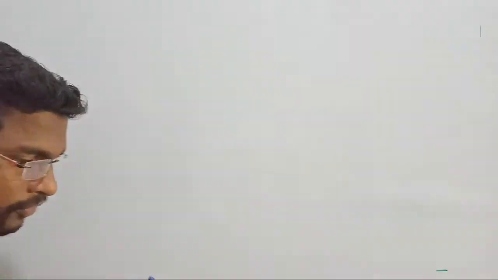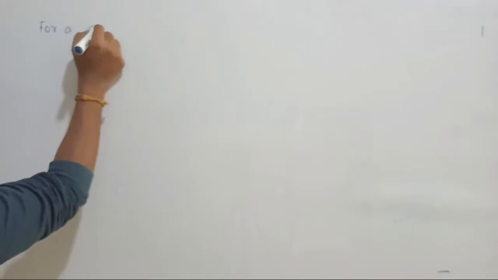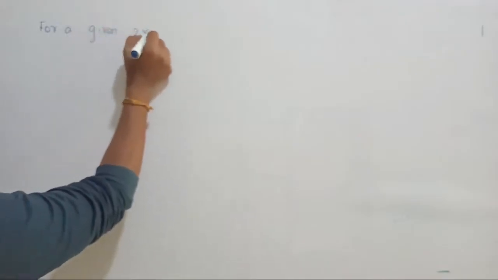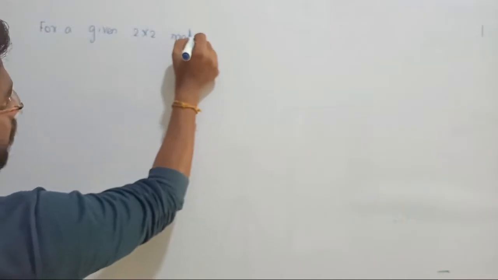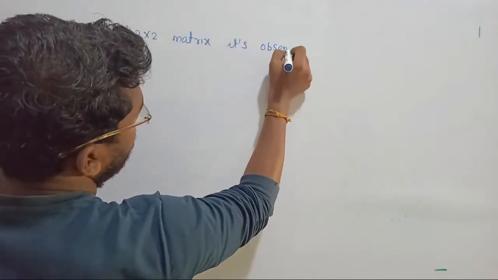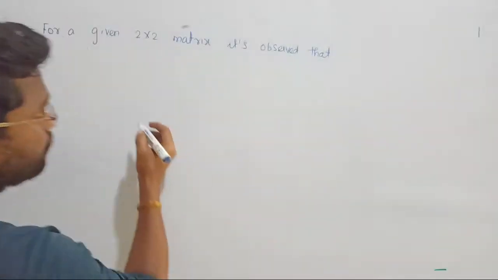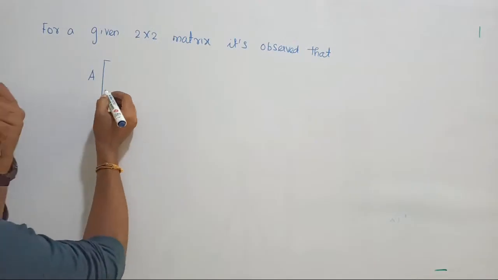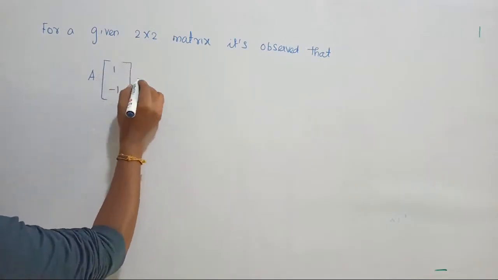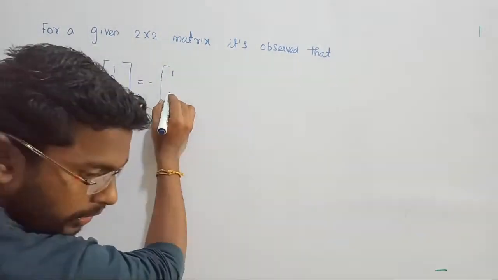In the third question, they said for a given 2 cross 2 matrix, it is observed that, guys, please write down the question. For a given 2 cross 2 matrix, it is observed that A into 1 minus 1 equal to minus of 1 minus 1.